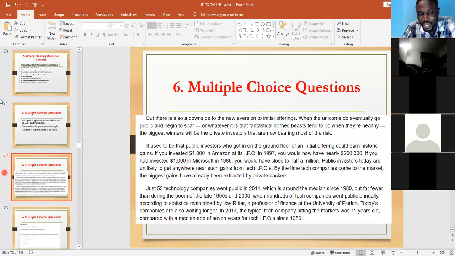You need to be clever about it. There is no fixed way of answering them. But if you have read many IELTS questions, and when I am doing vocabulary development, I bring different kinds of articles. Some are researches, some are just articles.